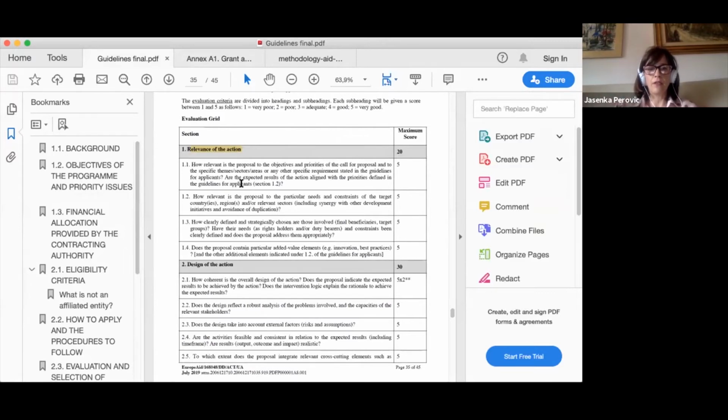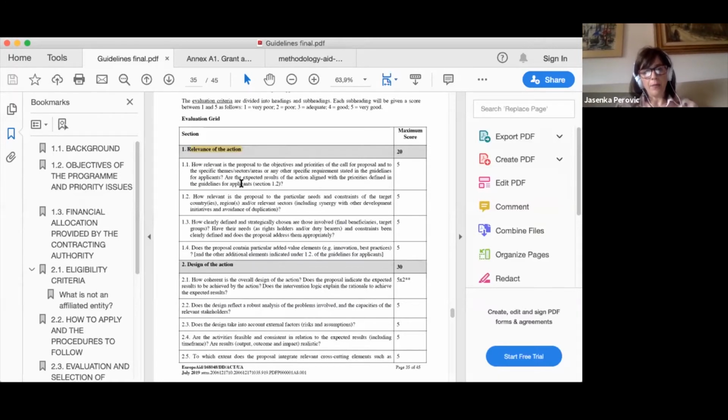How relevant is the proposal to particular needs and constraints of the target countries, regions, and so on? How clearly defined and strategically chosen are those involved in your proposal? Does the proposal contain particular added value elements? And I've just shown you where you write about these value added elements in the concept note.